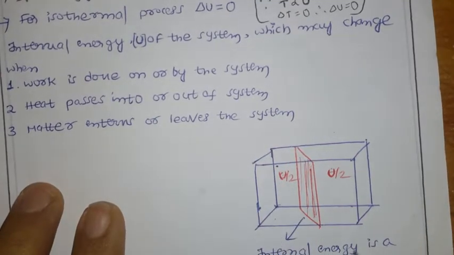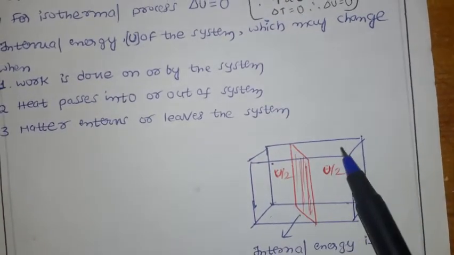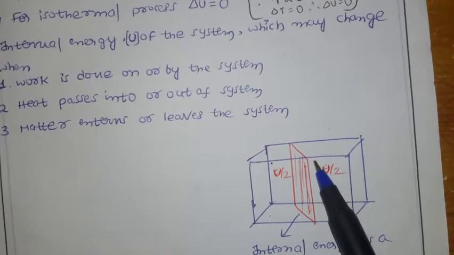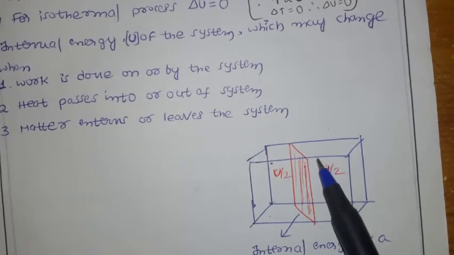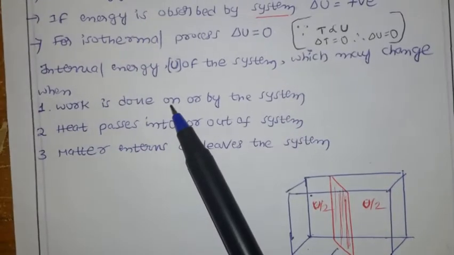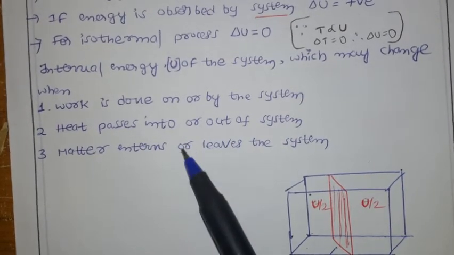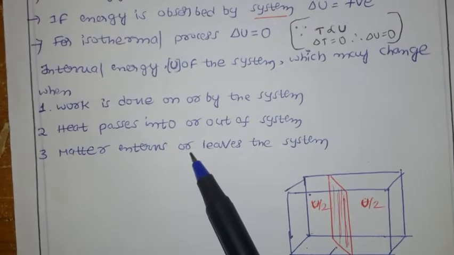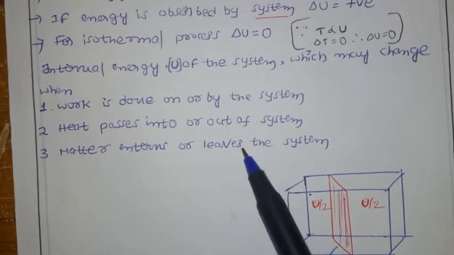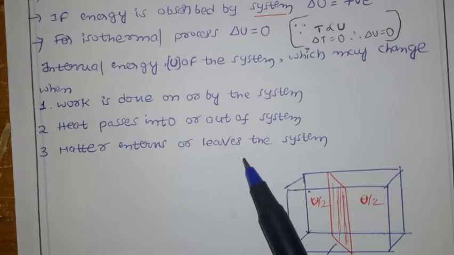For example, this is my system, meaning it is under my observation. You can change its internal energy by doing work, by passing or leaving some heat, or by matter entering or leaving. By doing any one of these, you can change the internal energy.